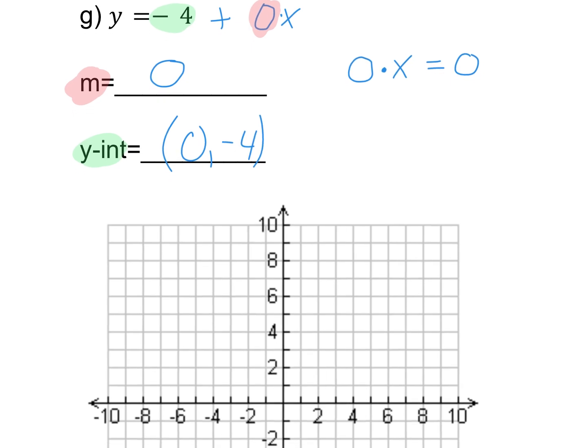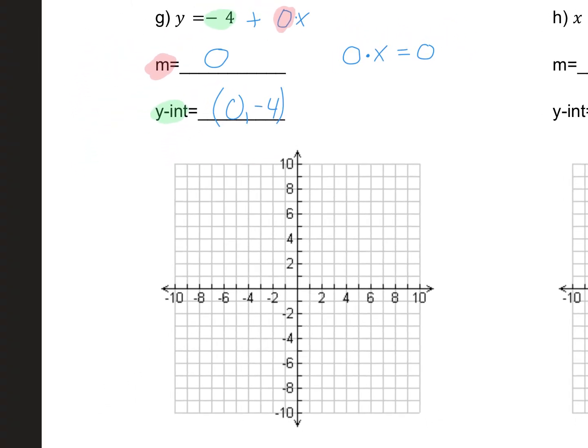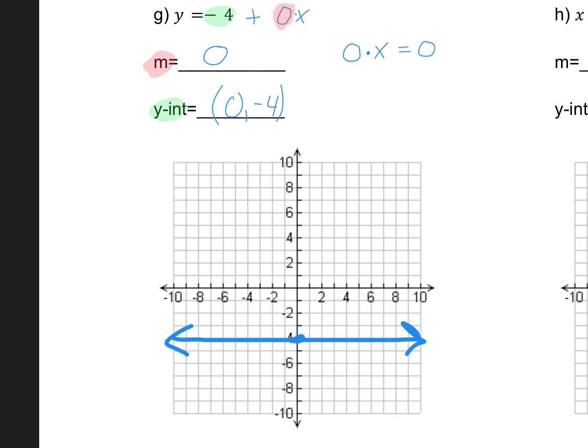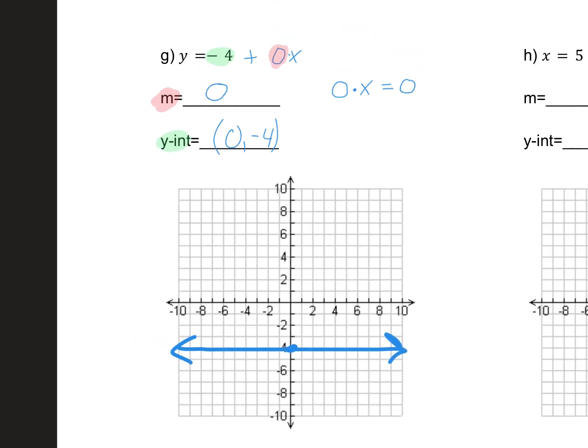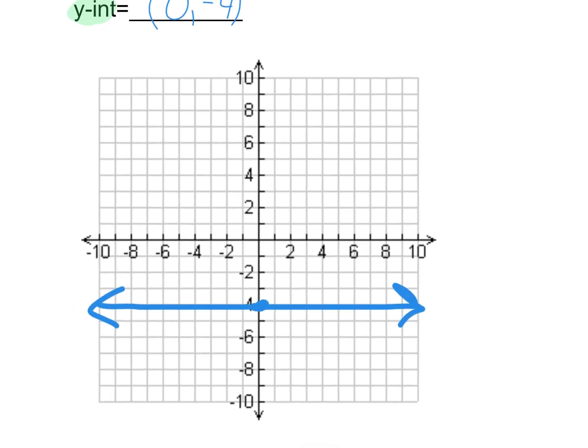Taking this to our graph, our y-intercept at 0, -4, put that down there. Now, what do we do when our slope is 0? Well, we just draw a horizontal line. So, if our slope is 0, it's just a horizontal line.